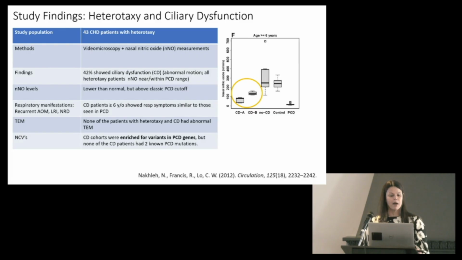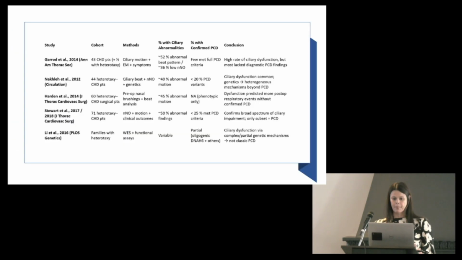She also talked about it, so I'm not going to repeat it, but essentially a good percentage of these patients with heterotaxy had ciliary dysfunction, as demonstrated by low nasal nitric oxide as well as abnormal motile ciliary function.